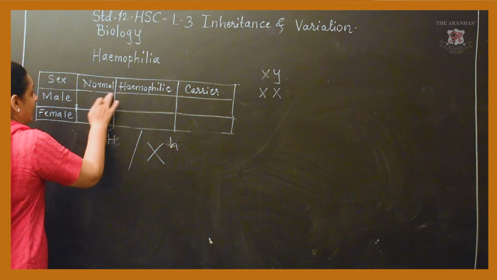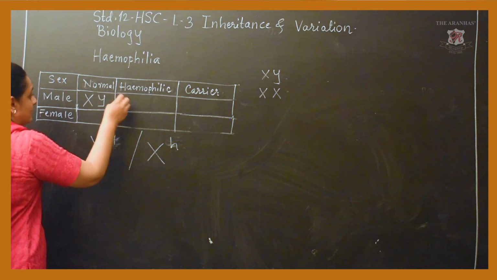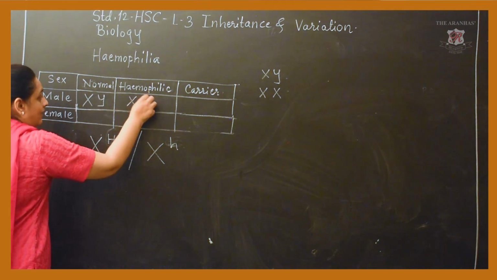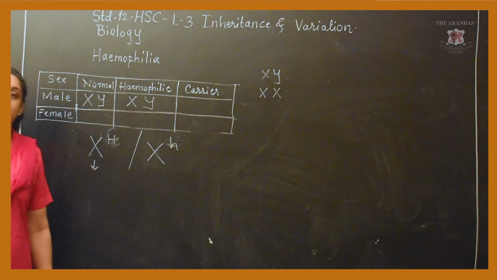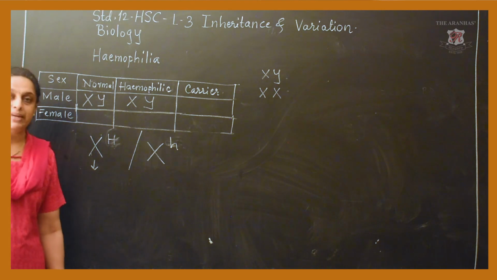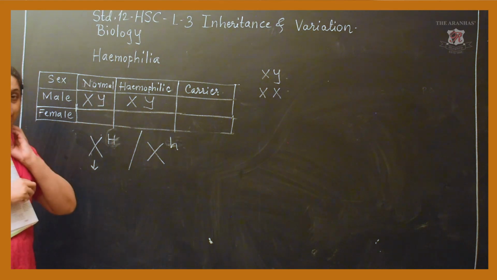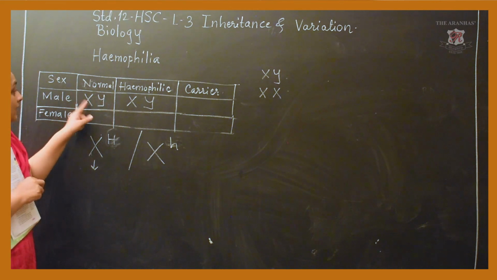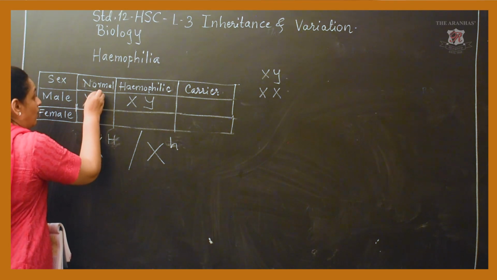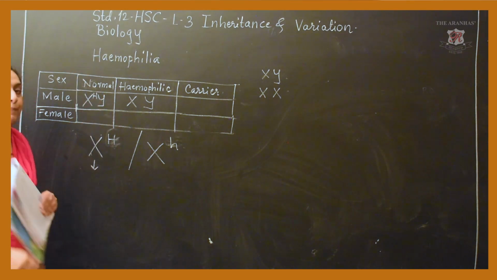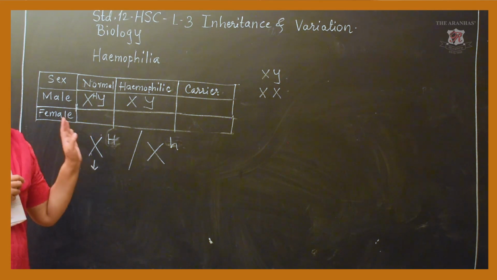Now we will first write the genotype in males. Now for your understanding, I am writing X and Y first. The basic genotype of males is X and Y. That's why I have written the X and Y genotype. Now in the normal individual, the gene on X is going to be capital H. So normal blood clotting takes place.